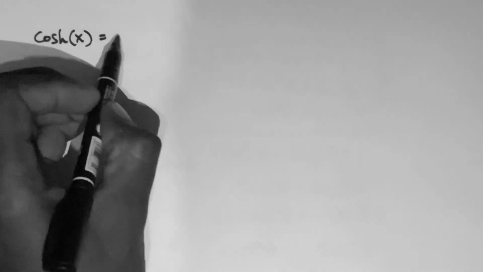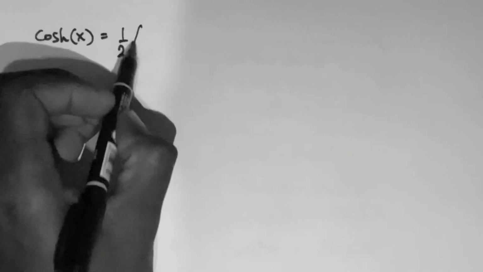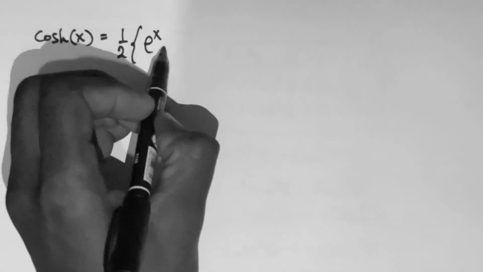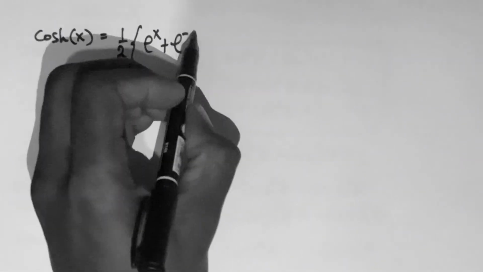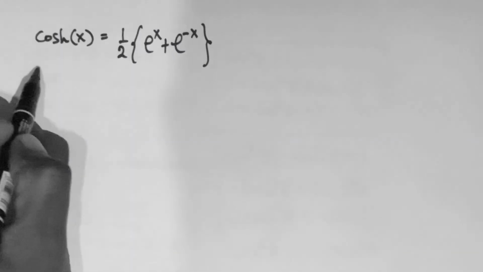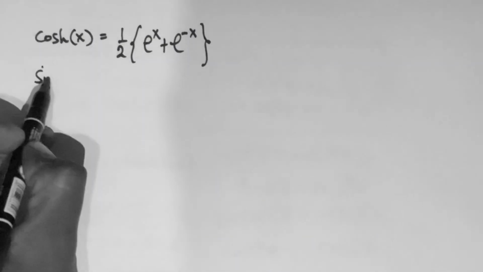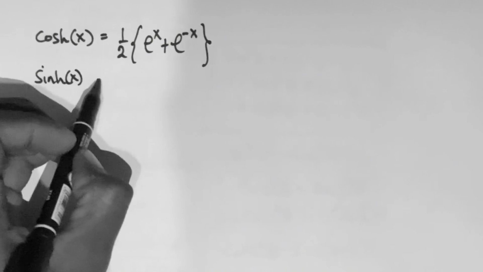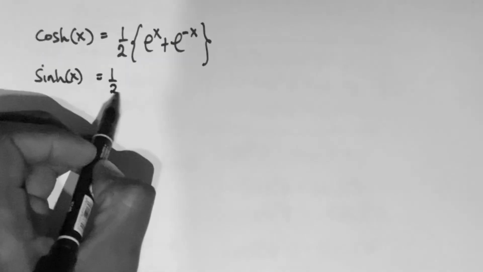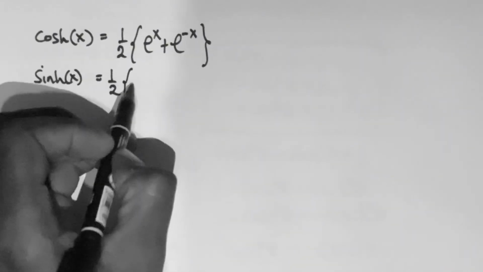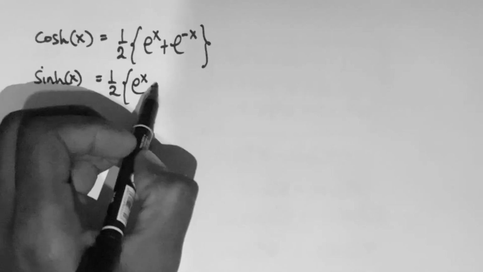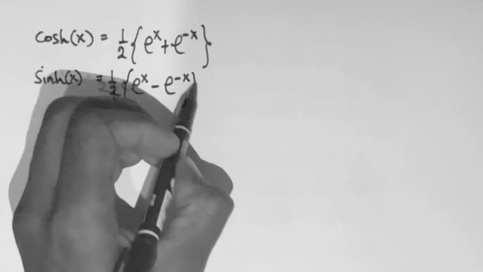We define it as half, exponent x plus exponent minus x. And we define the hyperbolic sine function as half, exponent x minus exponent minus x.